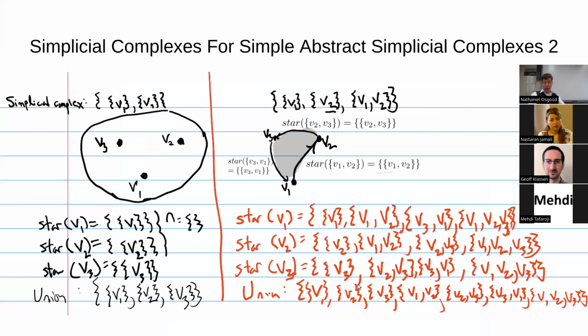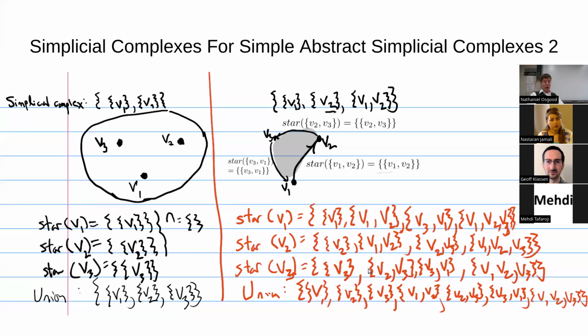It's a topology involving these things, with the stars and their unions and their intersections, right? It has these sets.